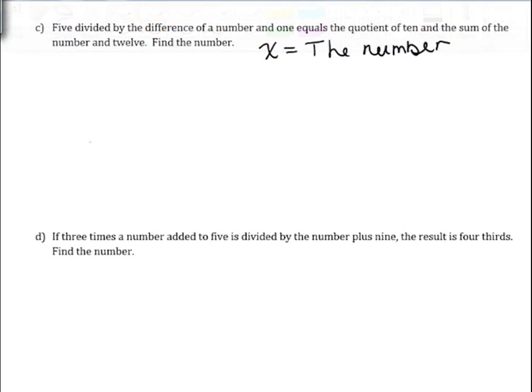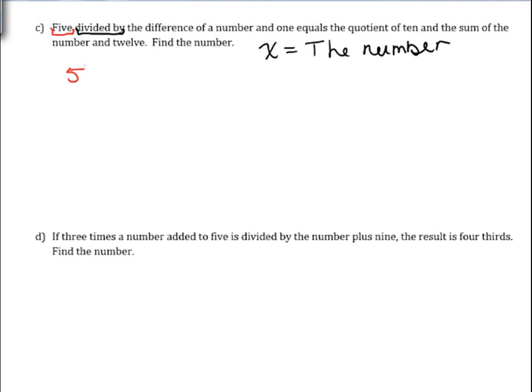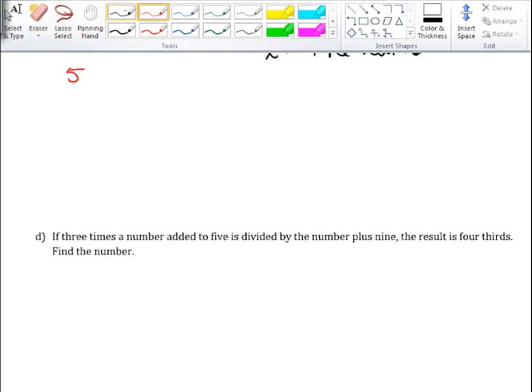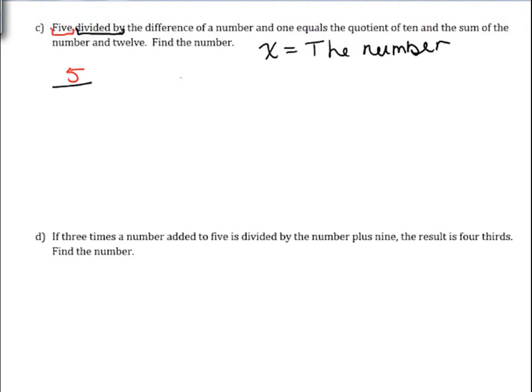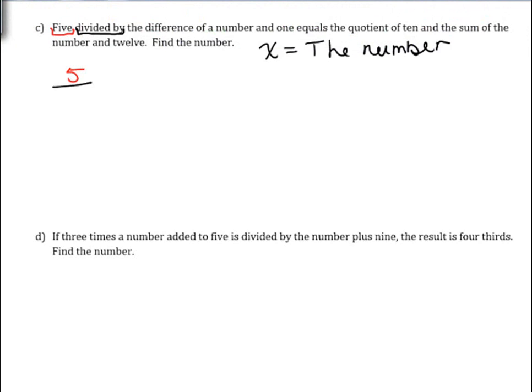You just need to make sure that you state what variable you're going to use and what that variable is. So now we'll read through our word problem a little bit slower. And we have 5, and then there's an operation there, divided by. So it's going to be 5, and the divided by means we're doing division, and then whatever comes next in the word problem goes on the bottom, and it's difference of a number and 1.